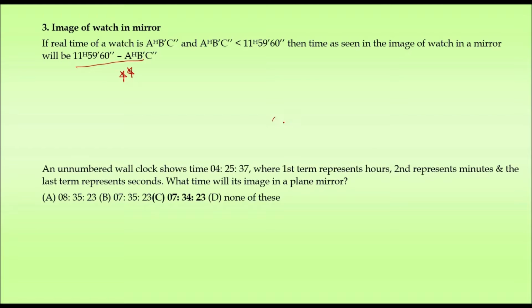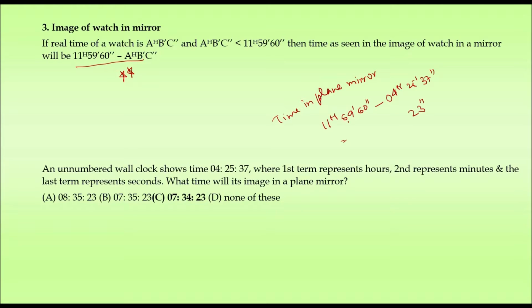So time in plane mirror is equal to 11 hour 59 minute and 60 second minus 04 hour 25 minute and 37 second. If you solve it, then 60 second minus 37 second comes out to be 23 second.